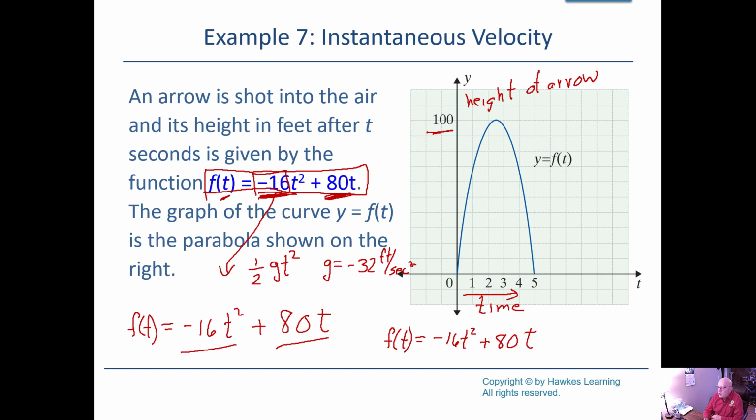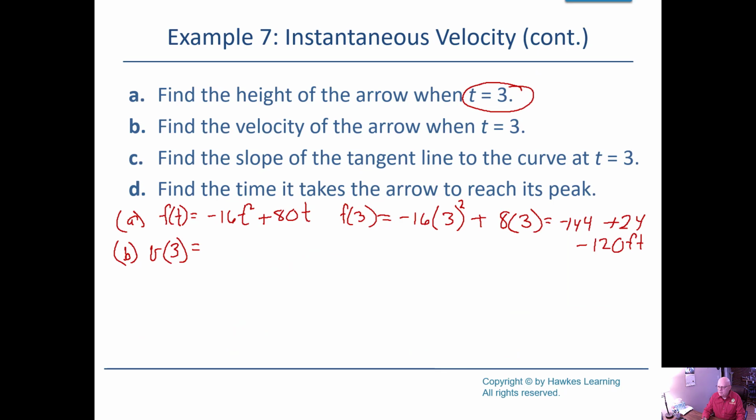Now what you can do is use t and t plus h to get the function for the velocity of the arrow. I'll let you do that, hit pause, come on back.